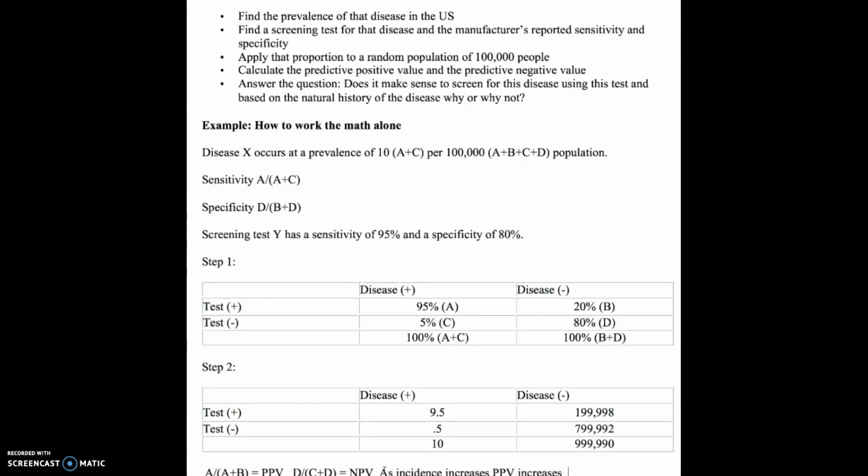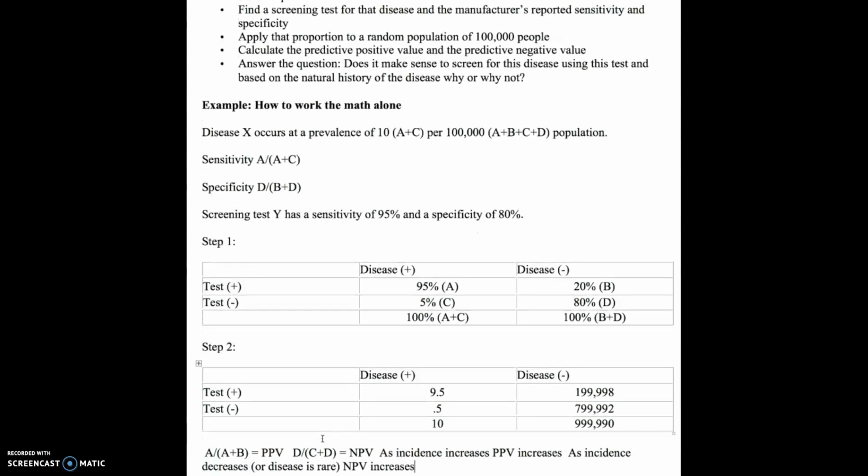And as incidence decreases, or the disease is rare, negative predictive value increases, or the strength of your negative result.